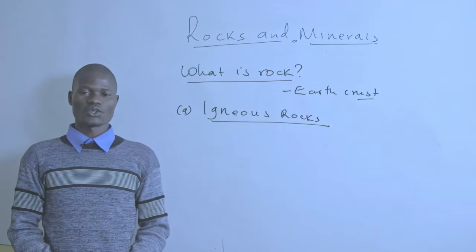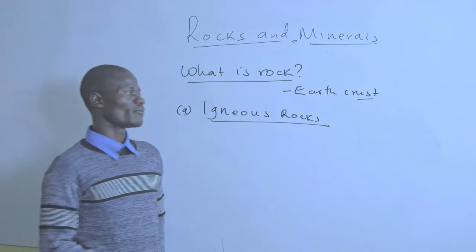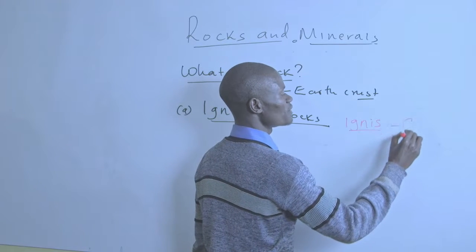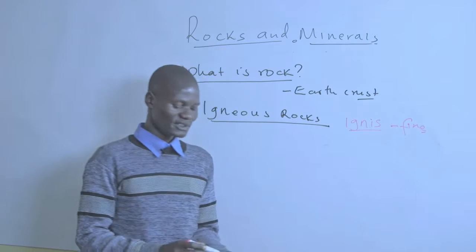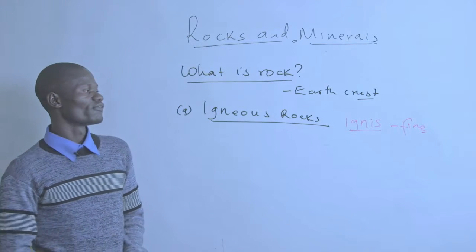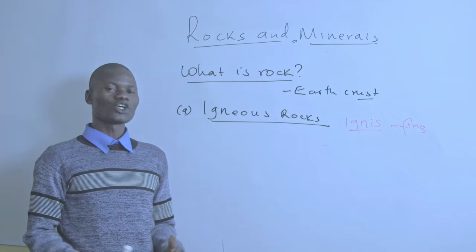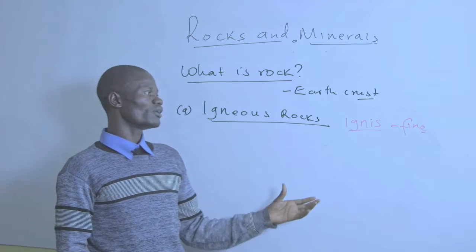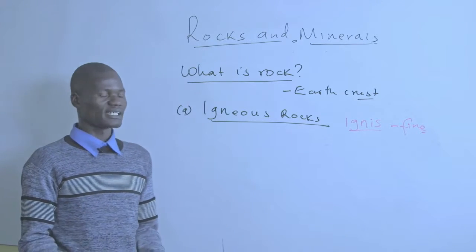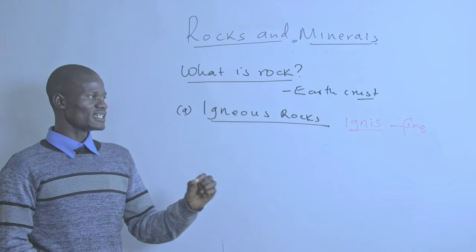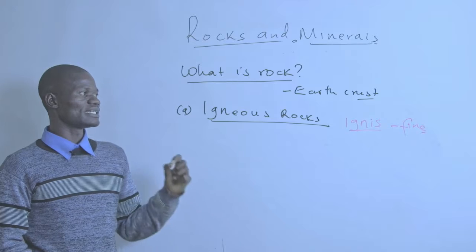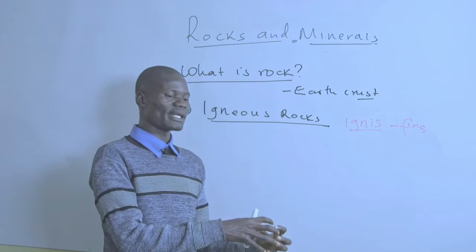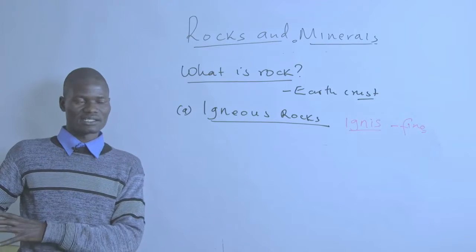Igneous rocks are rocks formed from the cooling and solidification of magma, because when magma is in a molten state, it has been melted by the high temperatures in the interior, or the core, of the earth.